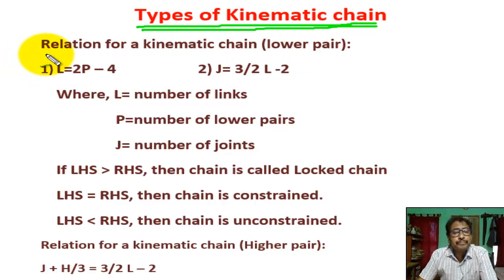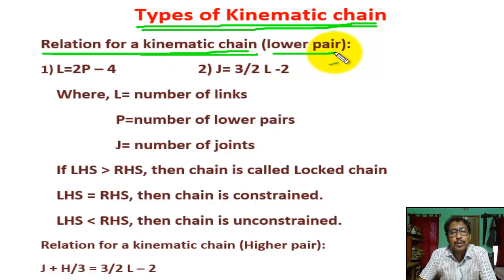We know the relations for a kinematic chain with lower pairs. A kinematic pair is known as a lower pair when the two links have surface contact or area contact.